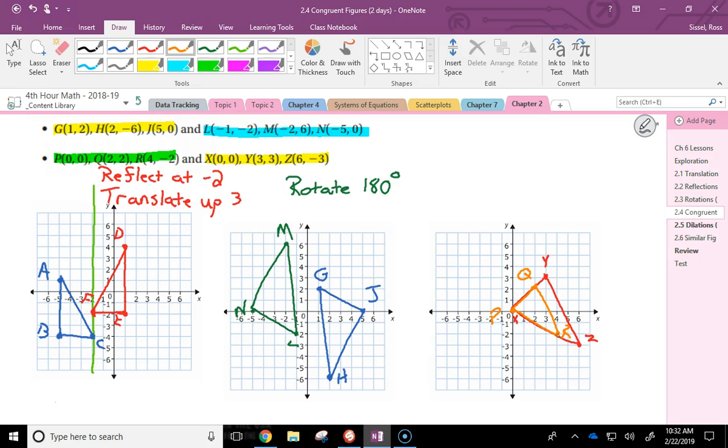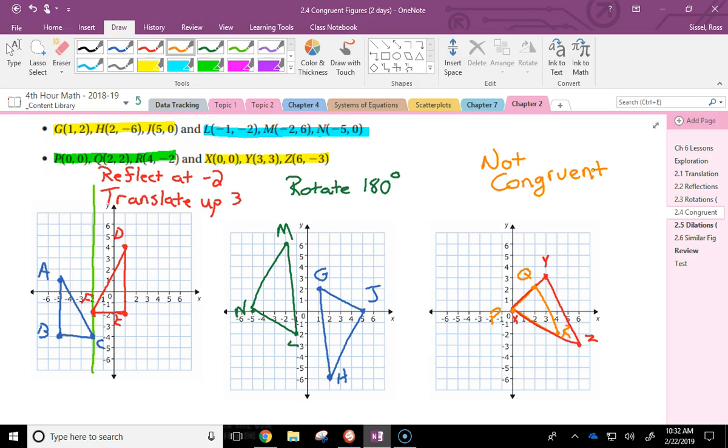No. We can see that there's no way I can translate, rotate, or reflect. So, not congruent. Alright, here's what I want you guys to do. I know we did the last one kind of quick. It's okay. Not congruent, they weren't the same size, and we know because they're overlapping each other.